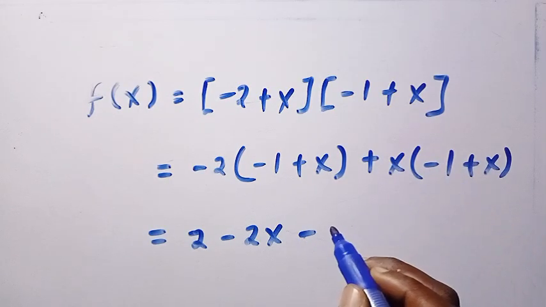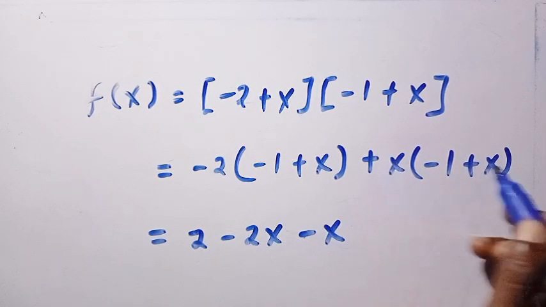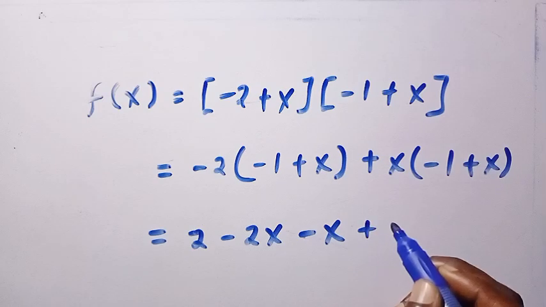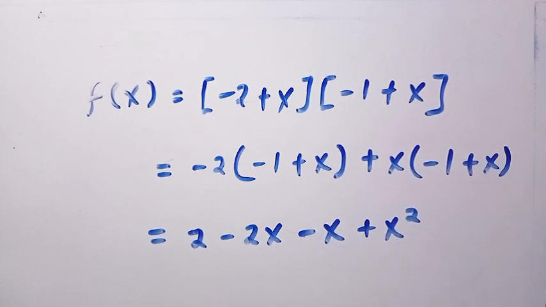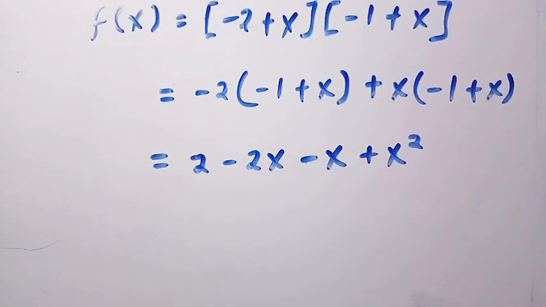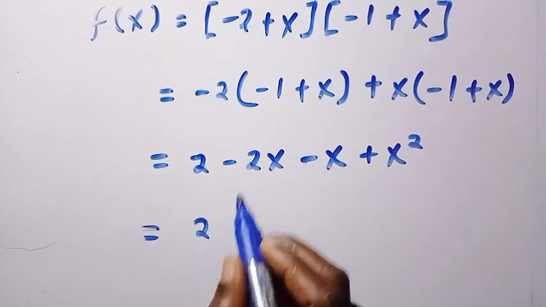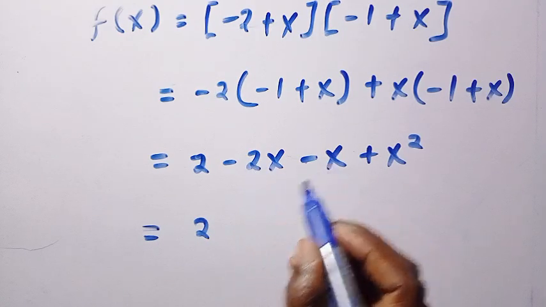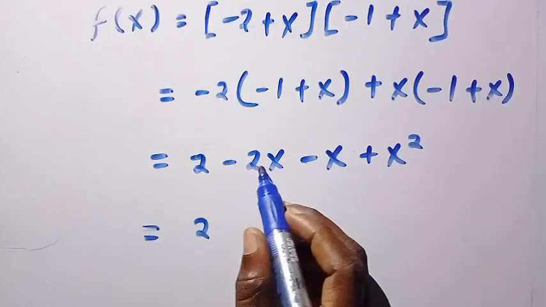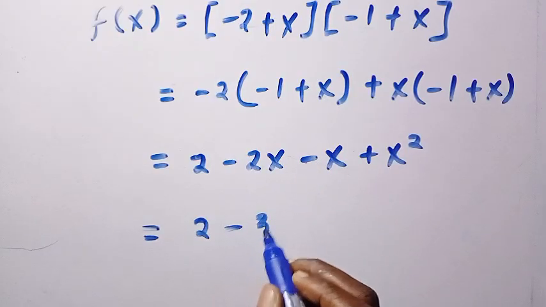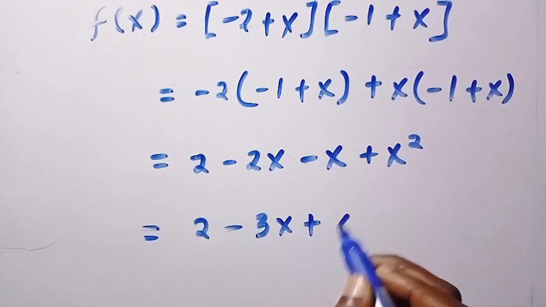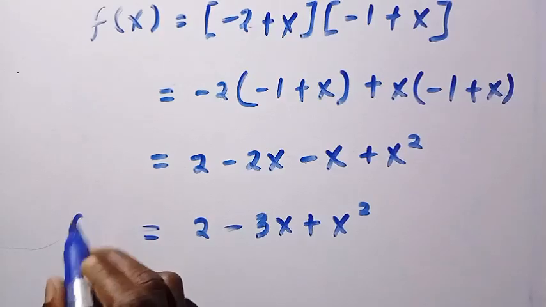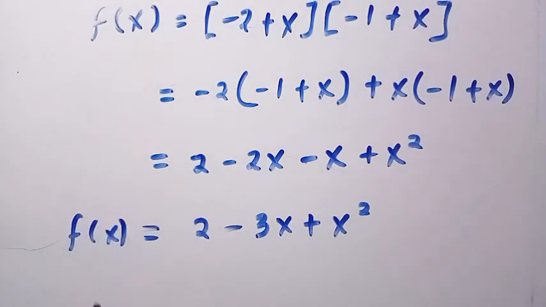Plus x times minus 1, that is minus x. And plus x times plus x, we have it as plus x squared. So here we have 2 minus 2x minus x, that is minus 3x, then plus x squared. So this is the result of f of x.